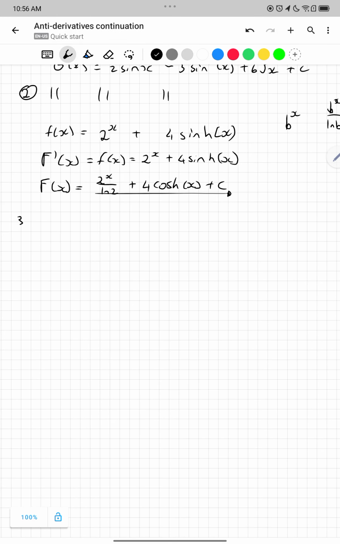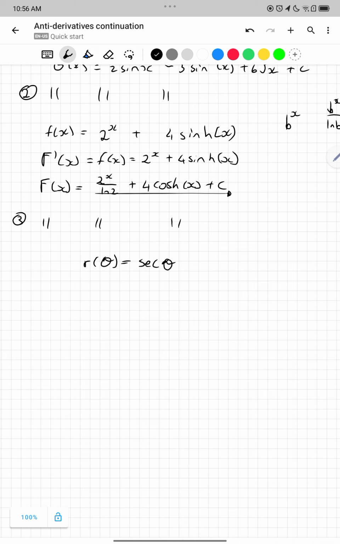Then 3 says find the most general antiderivative of the following: r of theta, okay, is equals to secant theta tan theta, minus 2e to the theta.